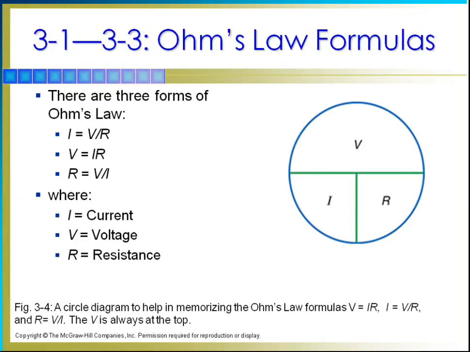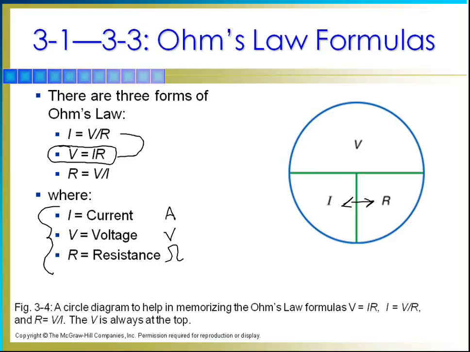So Ohm's law, in its purest form, voltage equals current times resistance. And if you've forgotten the symbols, the formula symbols for current, resistance, and voltage, there you go. Of course, the unit of measurement is the amp, the volt, and the ohm. So the purest form, voltage equals current times resistance.